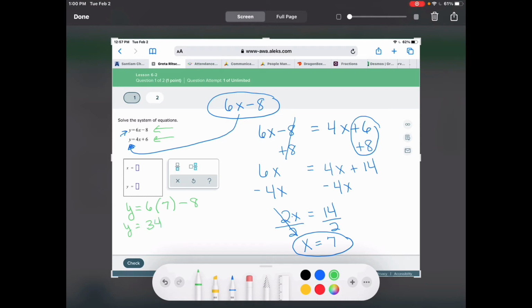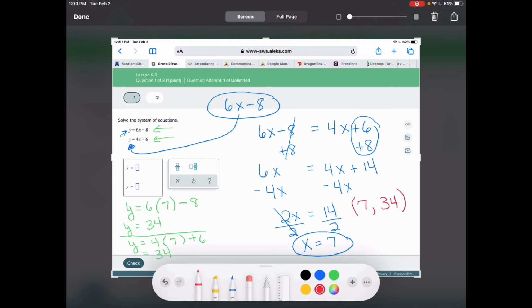All right, and then I could check myself, because if I plug it into the other equation, I should get the same thing. y equals 4 times 7 plus 6, and so I have 28 plus 6, which is going to give me 34. So I'm pretty confident about that. I know I have a pair of numbers that tells me where my two lines cross at 7 and 34.